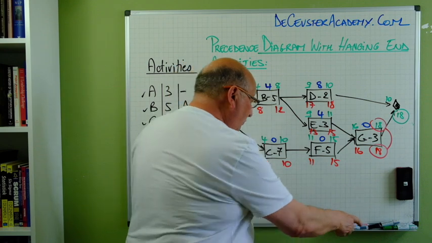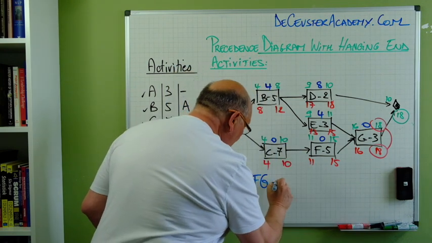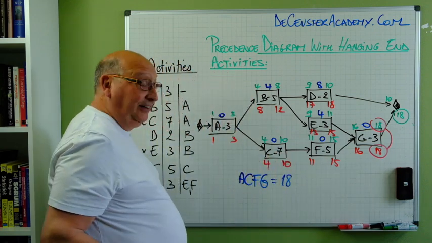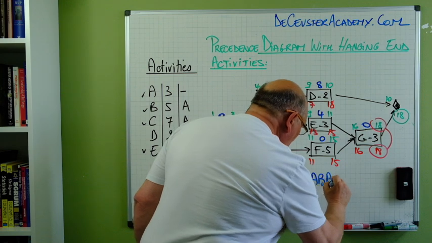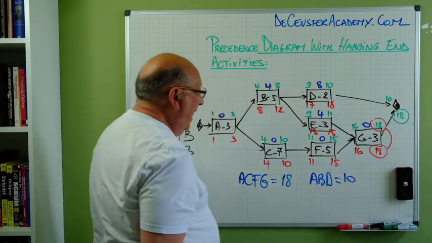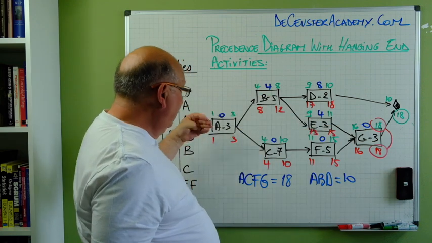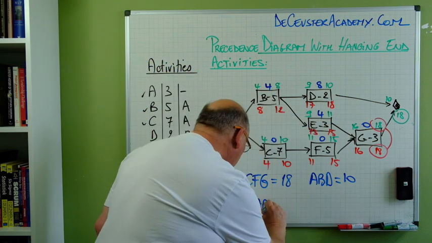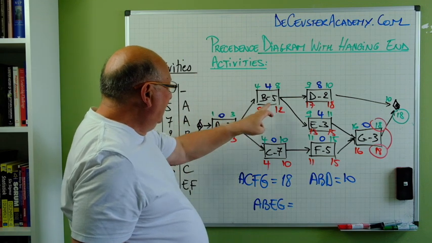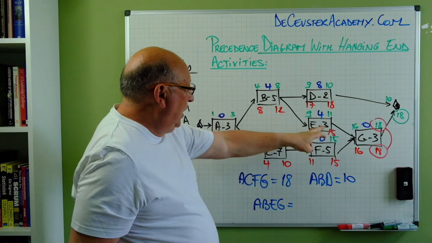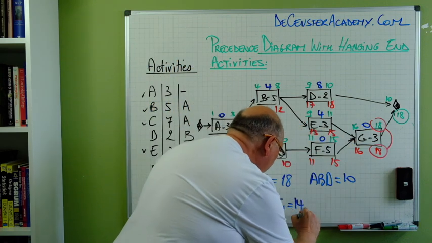In our case, we have A, C, F, G, which has a duration of 18. We have A, B, D, with a duration of 10. And then we have the other path, A, B, E, G, with a duration of 3, plus 5 is 8, plus 3 is 11, plus 3 is 14.